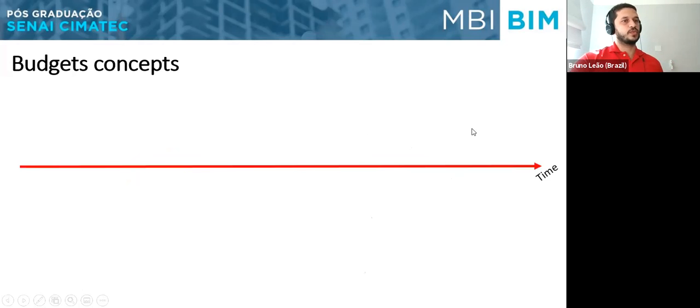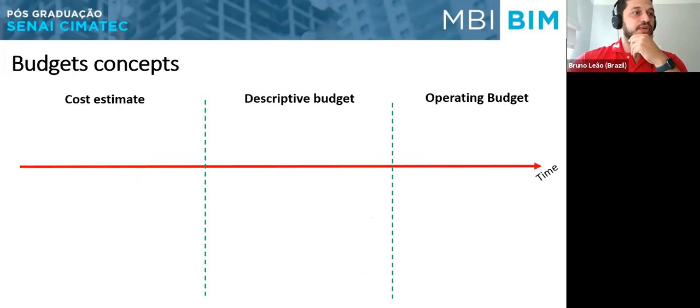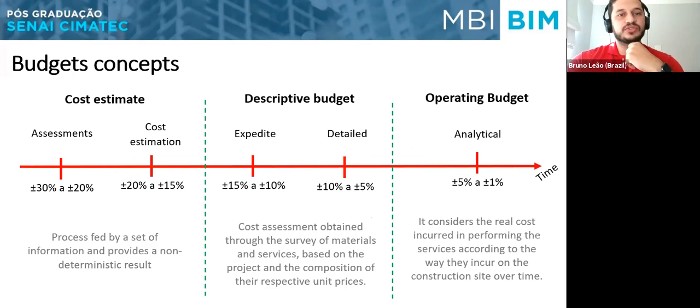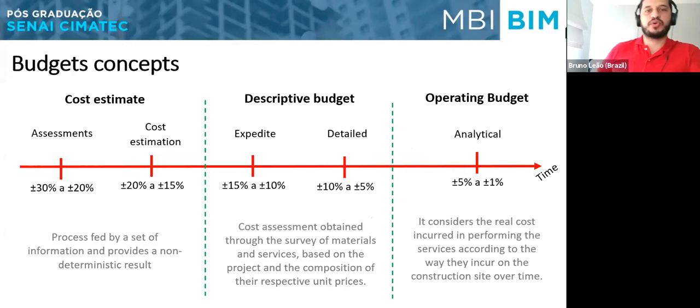So we can even divide it into a scale of time. We start with a cost estimation, then we have the descriptive budget, and after the descriptive budget, we have the operating budget.